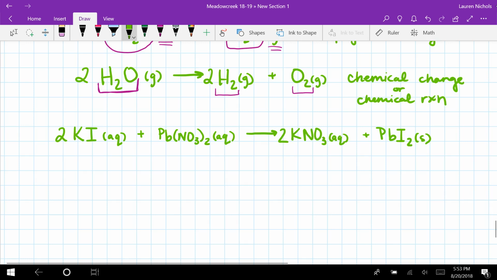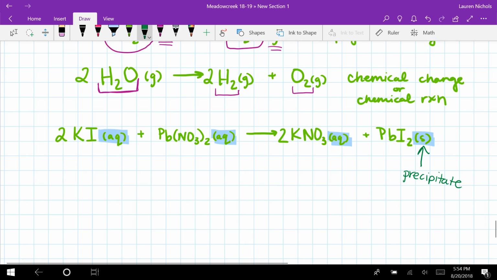Now it's balanced. What you would need to see is on the left side, we have an aqueous solution, we have an aqueous solution. But on the right side, I only have one aqueous solution. I have this solid. The fact that there is a solid means this is a precipitate. It is one of those indicators.